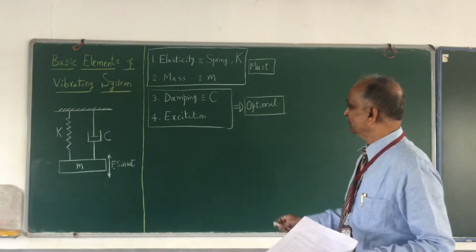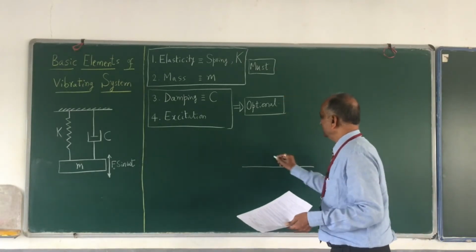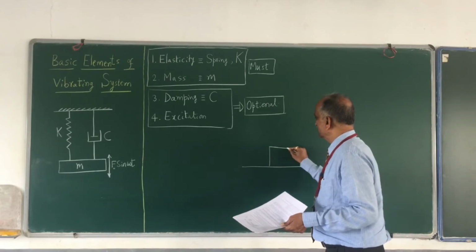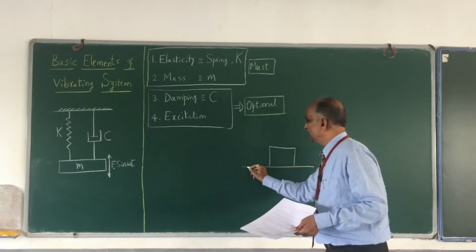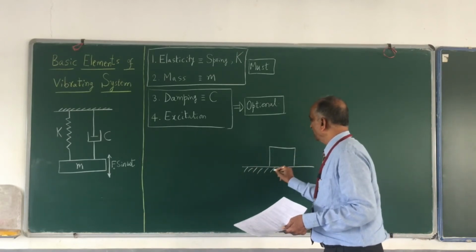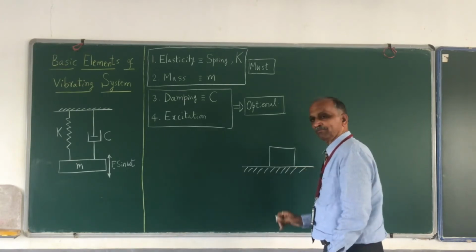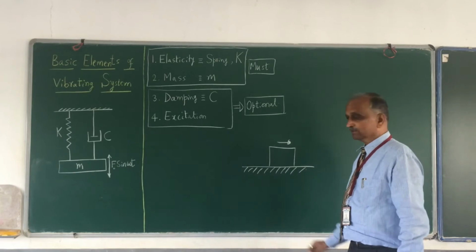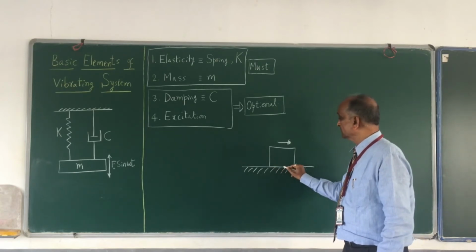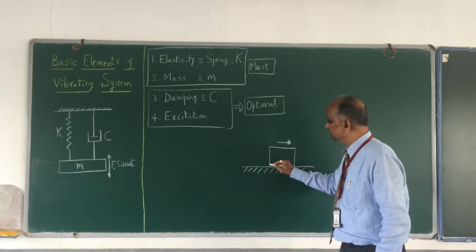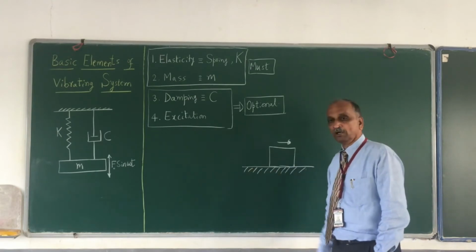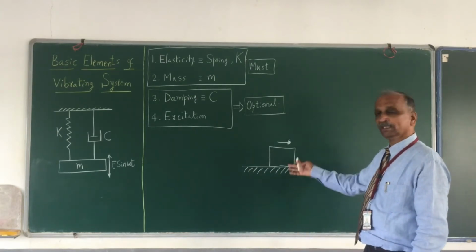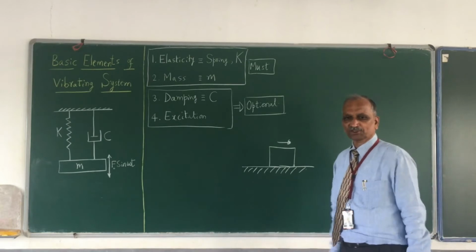For example, friction. Imagine there is a body which is moving on a road or on a table. If it starts moving, because of the surface nature of this material and the tabletop or road surface, you know that there is friction. Friction is a must.